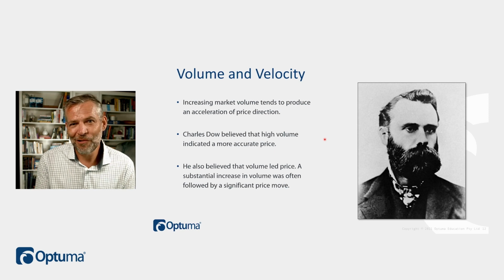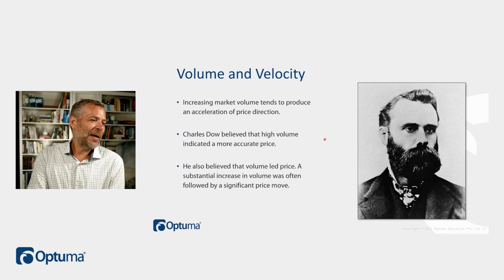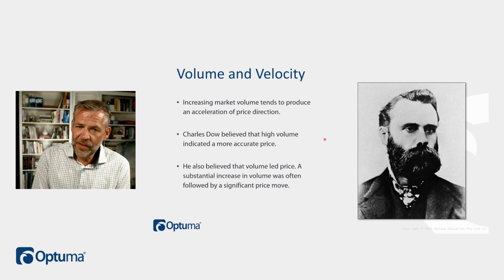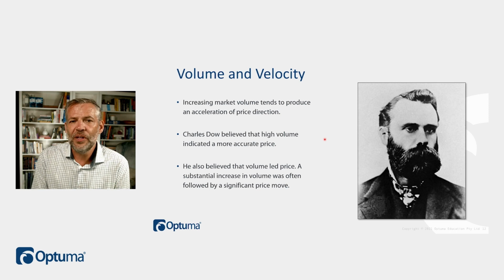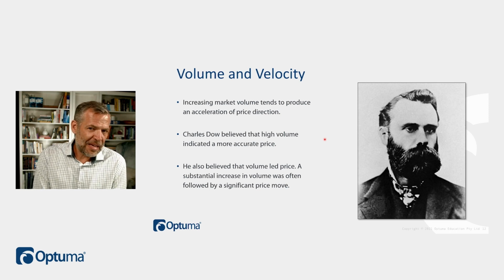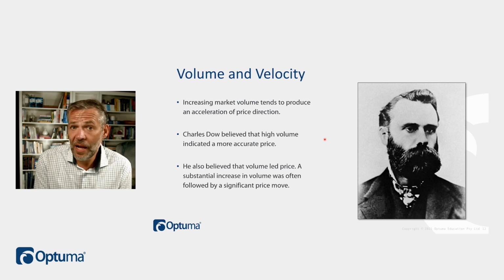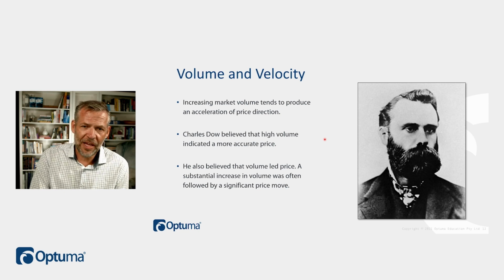Which one comes first, price or volume? But that's really what he's saying. So I think that's something to keep in mind: if you do see a large move in volume, you can expect a large move to follow in price, either up or down. It's not saying that a large move in volume only means that it goes up. It can go down as well.